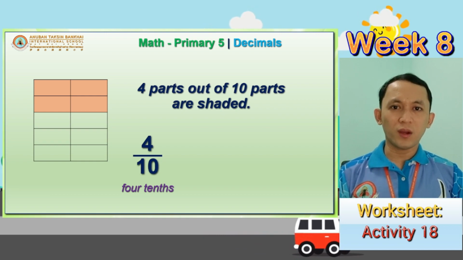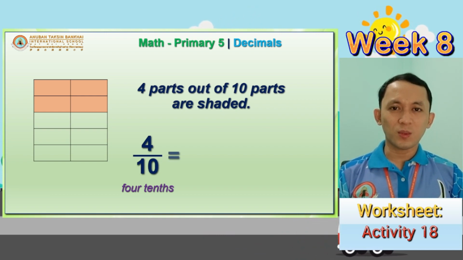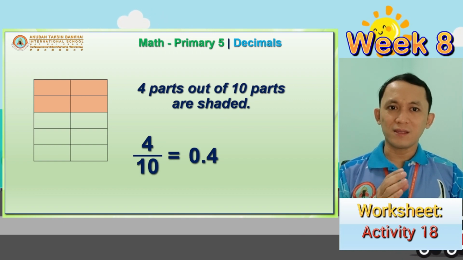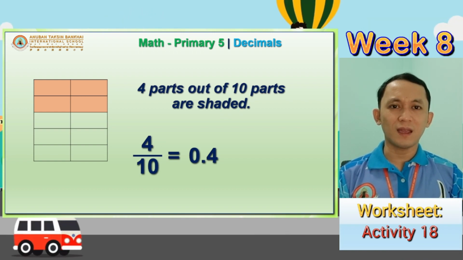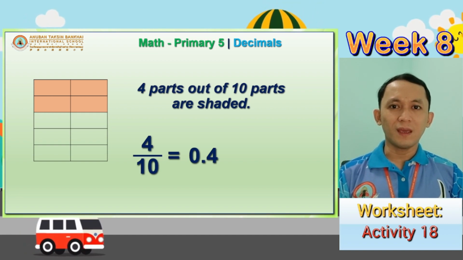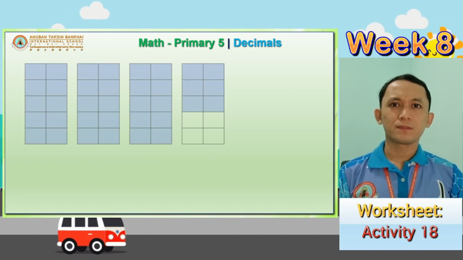If we write this as a decimal, we can write this as 0.4. Again, take note that our denominator is 10, so 4 will be in the tenths place. Another example.